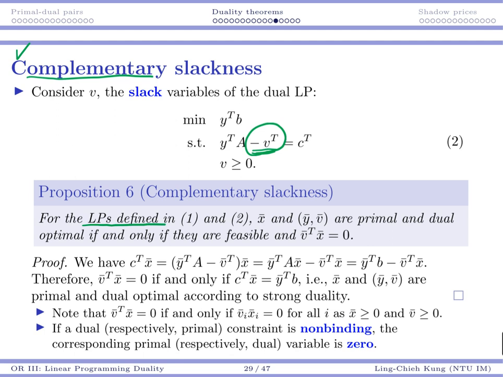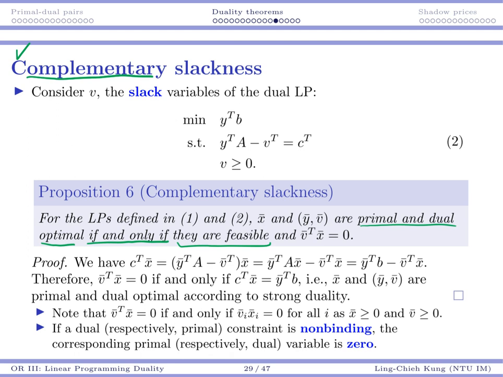Consider the primal LP defined in 1 and your dual program defined in 2. In this case, your primal solution X bar and your dual solution, now expressed as Y bar, V bar, will be primal and dual optimal if and only if the following holds. First, they should be feasible, of course.